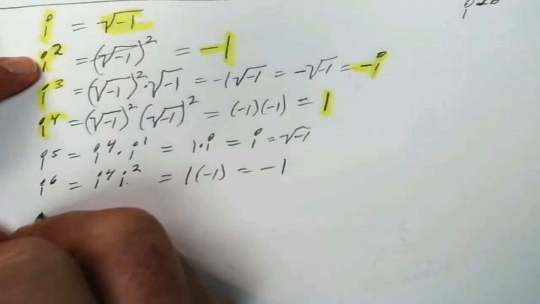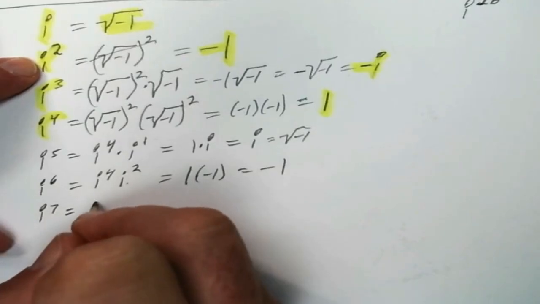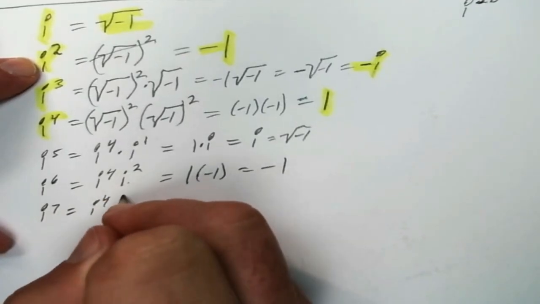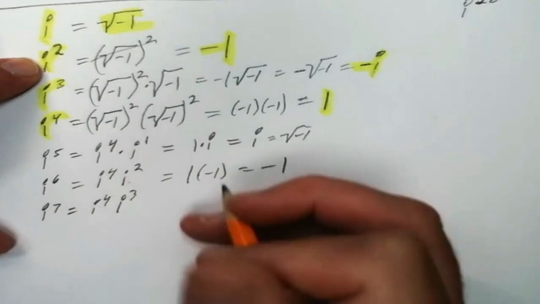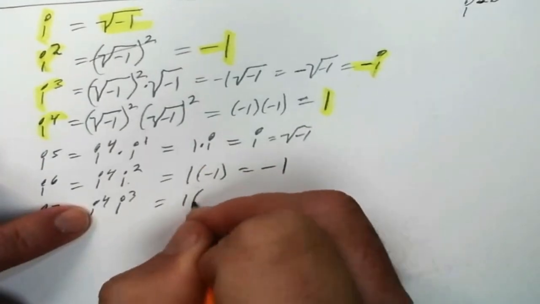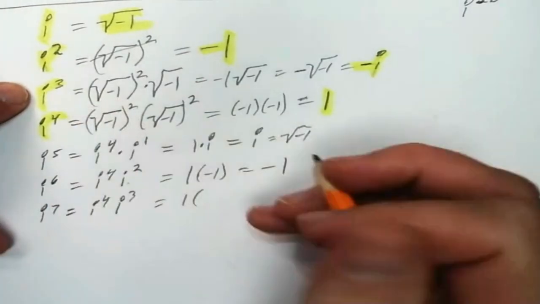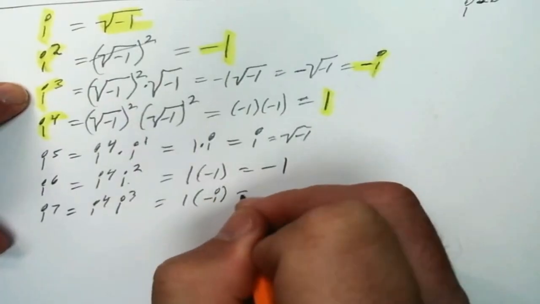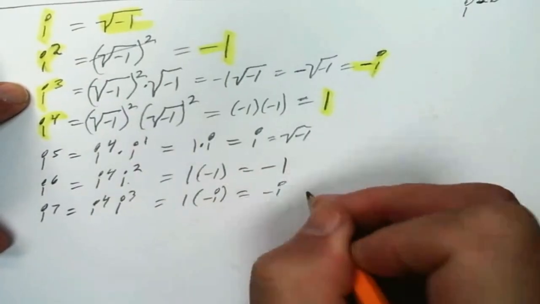And i to the seventh is i to the fourth times i to the third. i to the fourth is 1. i to the third is -i. So it just equals -i.